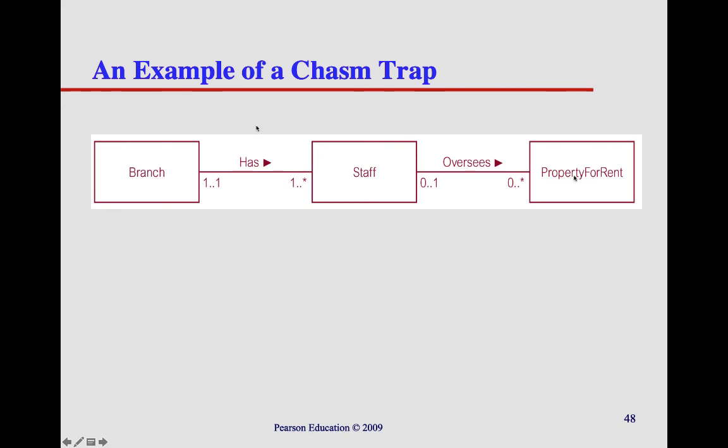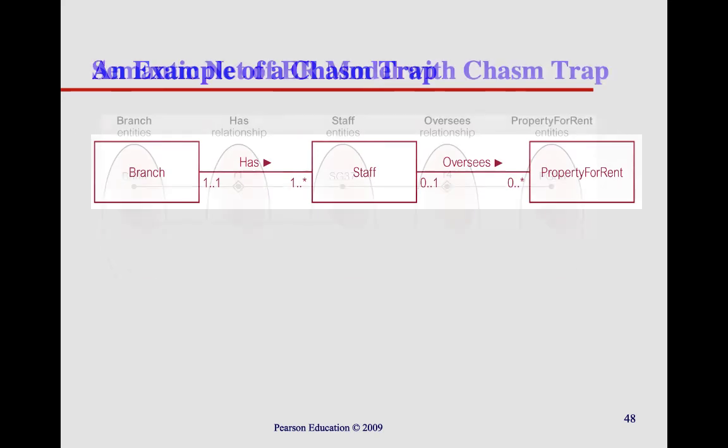And it looks as though we can determine which branch manages a property for rent by saying, okay, the property for rent is managed by this staff, and this staff belongs to this branch. Therefore, we can get the information through a transitive relationship.